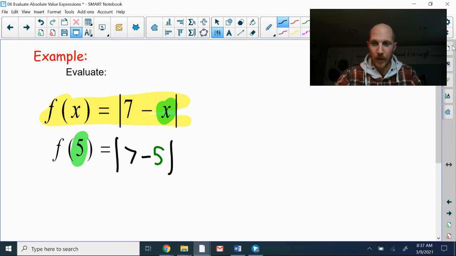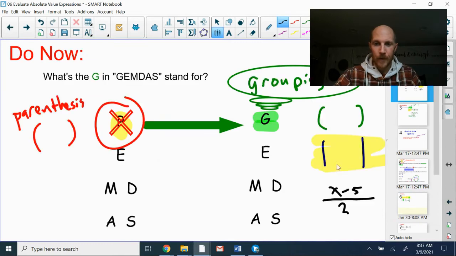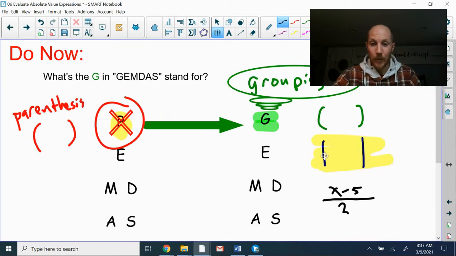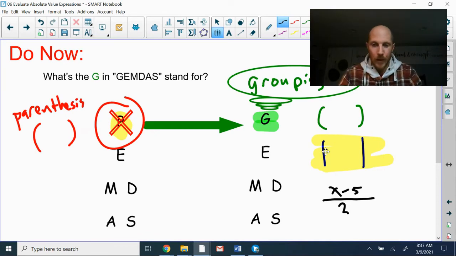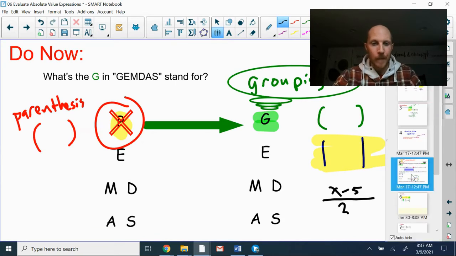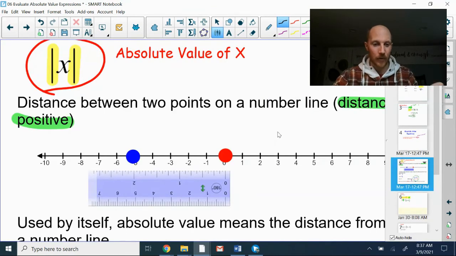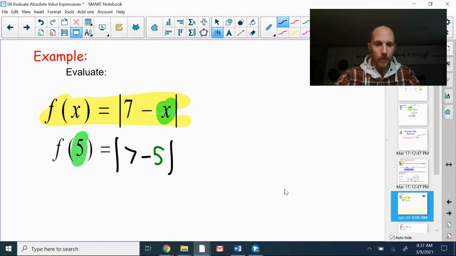Is what we talked about back in the do now, right? Grouping symbols. Absolute value lines are a grouping symbol. And so we're going to have to do everything inside those symbols first before we apply the meaning of absolute value, which is to find the distance. Okay, so they're like parentheses.